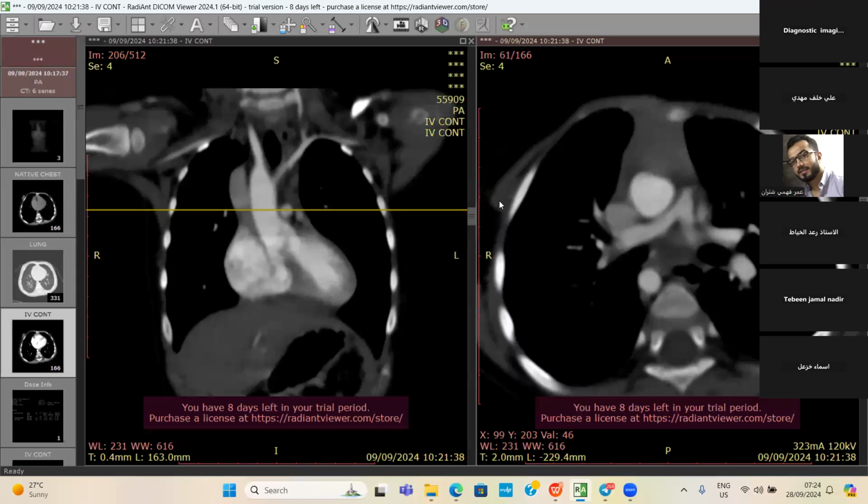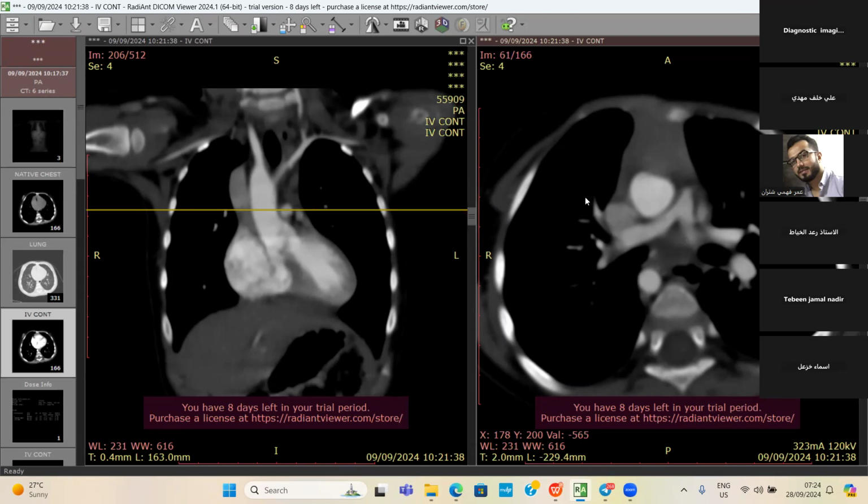So they call it tetralogy of Fallot because of? Yes, because we have four pathologies. Tetralogy means four pathologies. First of all, we will have a VSD, a ventricular septal defect. Number two, overriding of the aorta. Number three, right ventricular outflow obstruction.